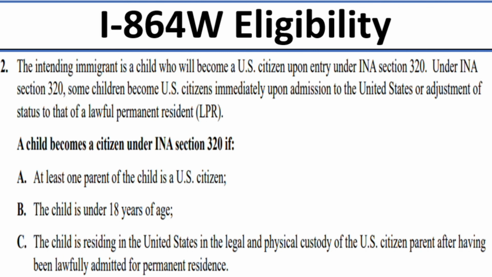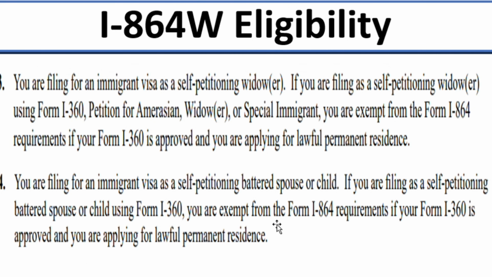We still have the last conditions. You are filing for an immigrant visa as a self-petitioning widow. If you are filing as a self-petitioning widow using form I-360, petition for Amerasian, widow(er), or special immigrant, you are exempt from form I-864. If your form I-360 is approved, you are applying for lawful permanent residence.